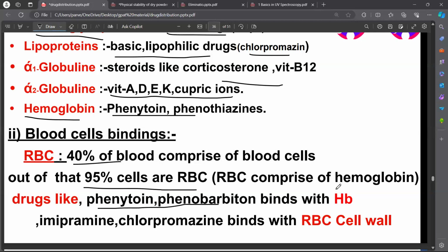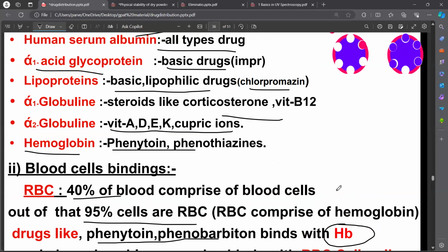So guys, can you tell me what is the central atom present in the hemoglobin? What central metal ion is present in the hemoglobin? Iron. So, is it present in the ferrous state or ferric state?